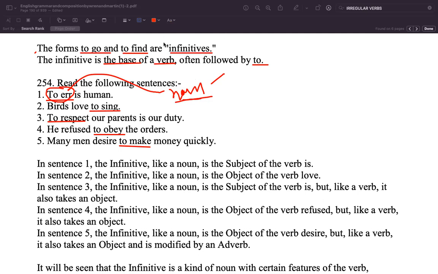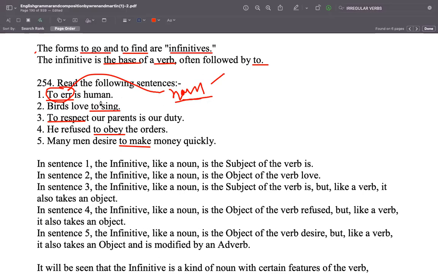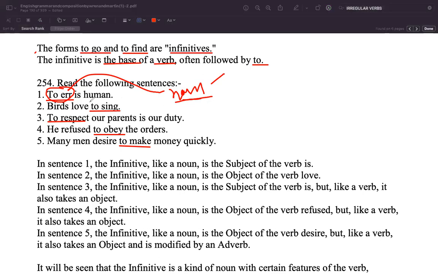So "to sing" is a what? Sir, "to sing" in the sentence is what? To sing, object. Object of what? Object of the verb love, isn't it? And that's why it is called a noun. Now, "to respect" is also called a subject. Yeah, subject of the verb.